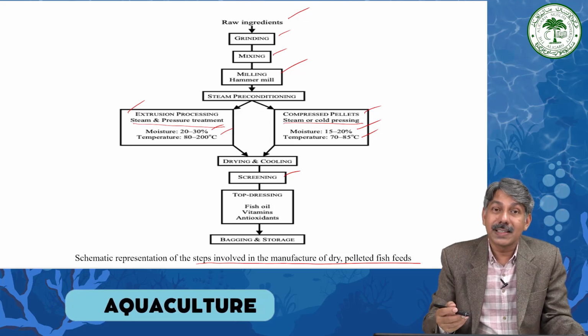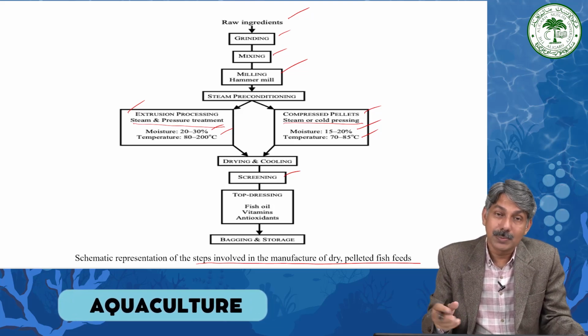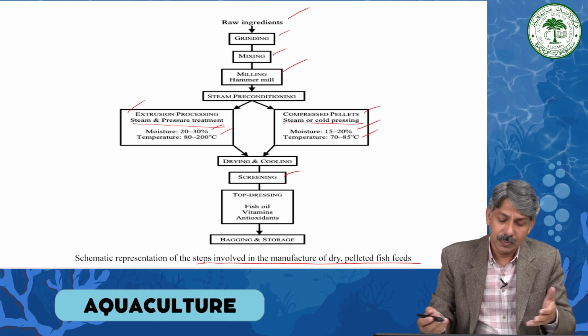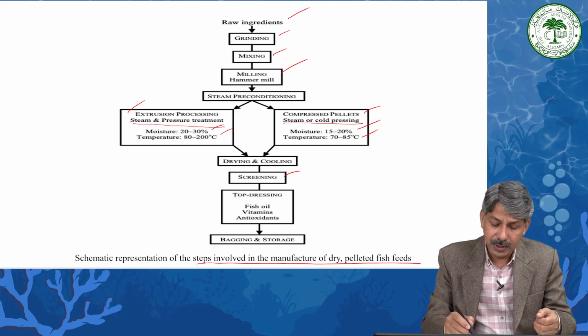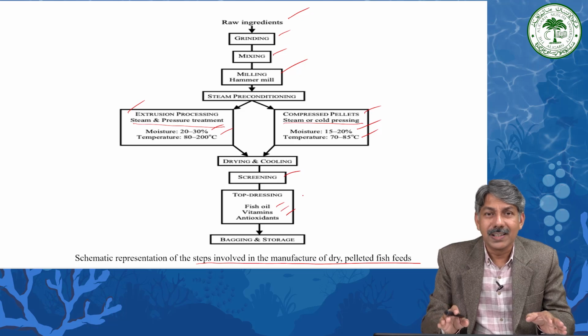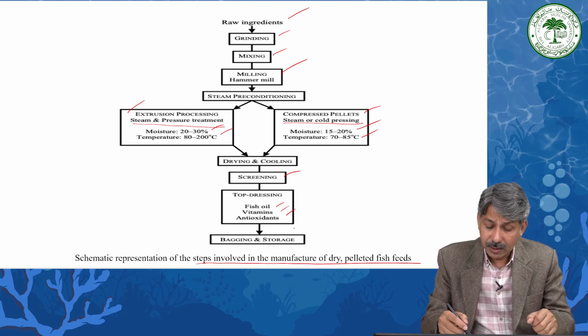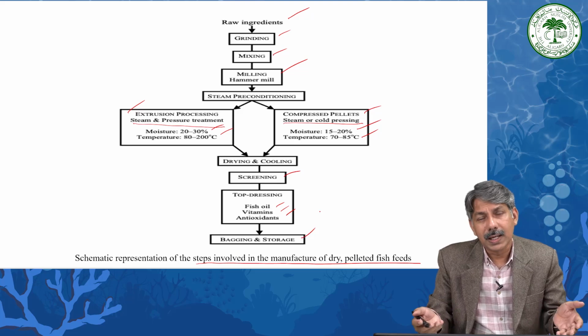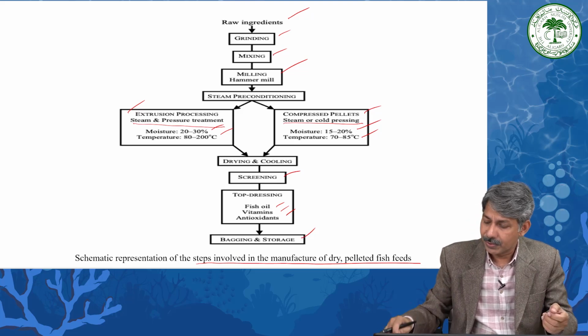Then top dressing the desired size pellets with supplements, whatever you need, fish oils, vitamins, antioxidants. Then bagging or packaging can be done and stored or marketed, whatever your objective is.